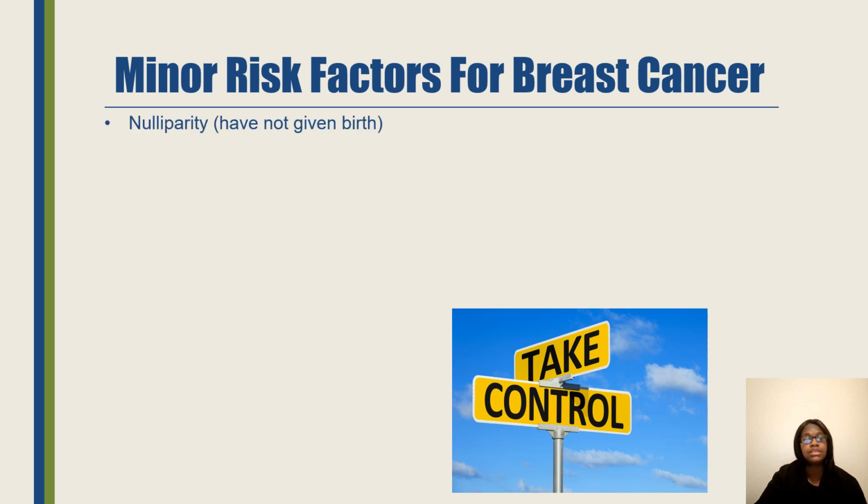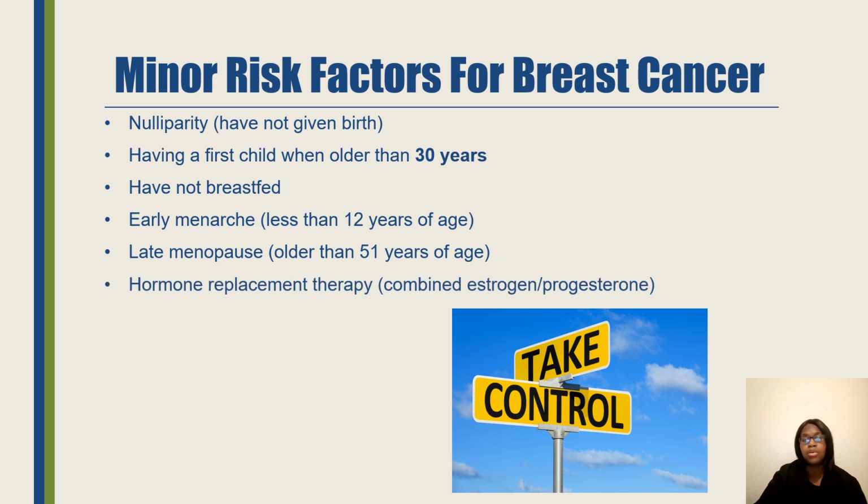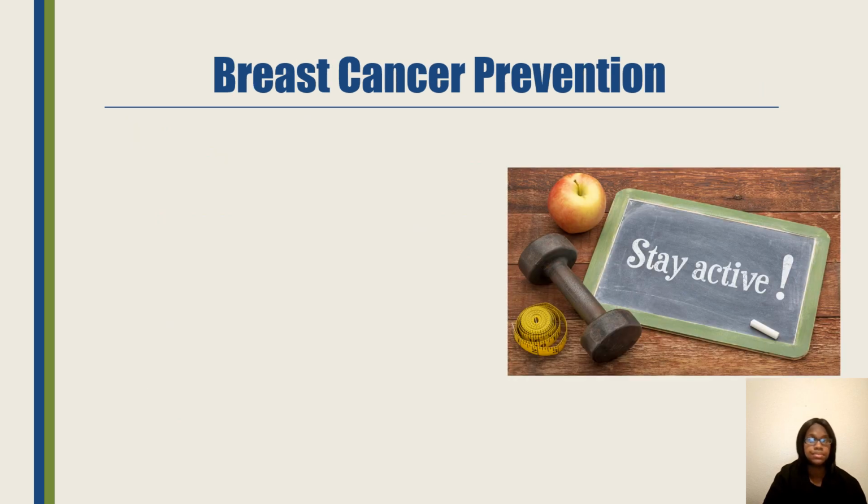For the minor risk factors, you have not given birth or had a child, having your first child when you are older than 30, you did not breastfeed, early menstrual cycle before age 12, late menopause, taking hormone replacement therapy like some type of birth control, weight gain, not exercising, alcohol consumption, being a smoker.